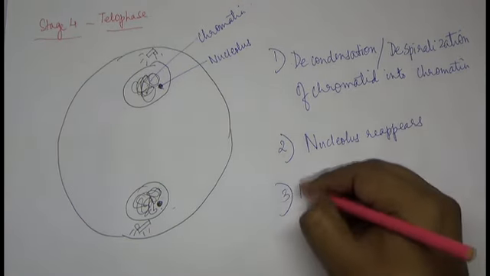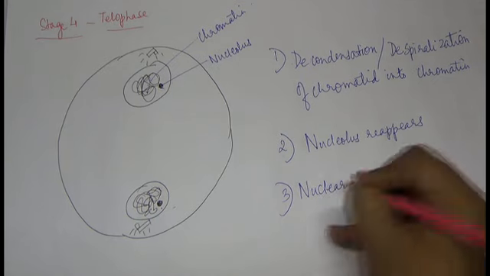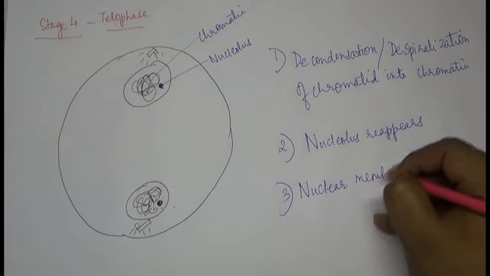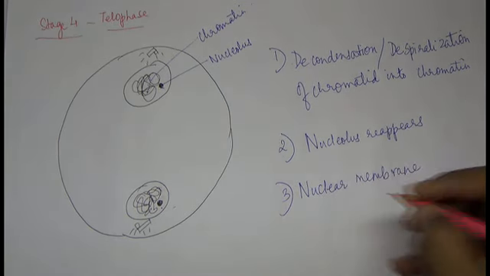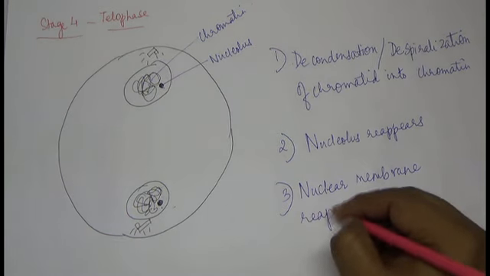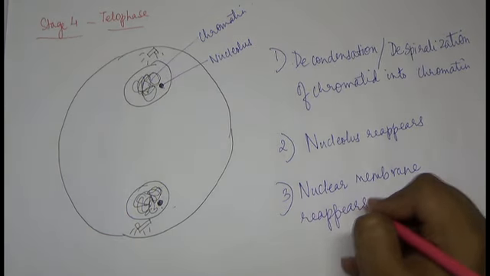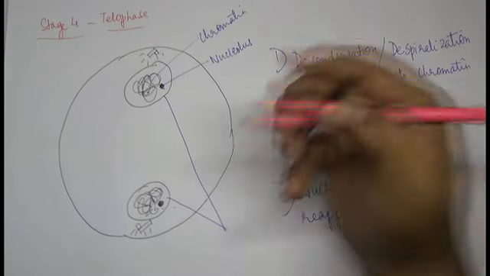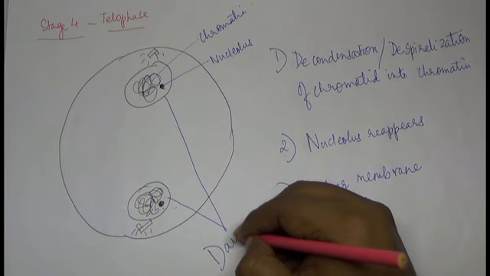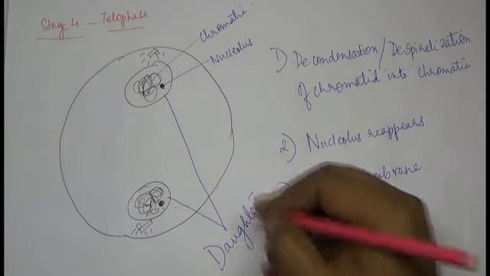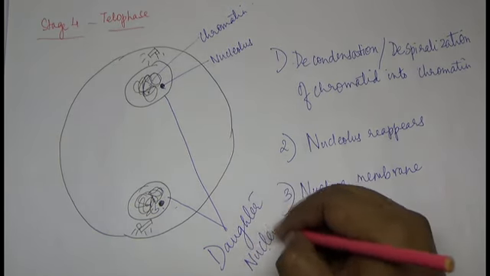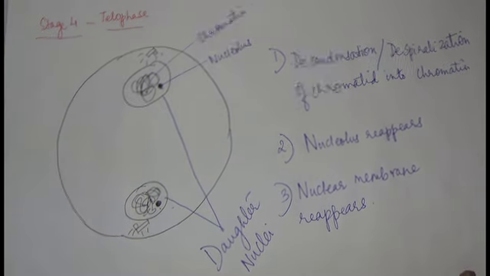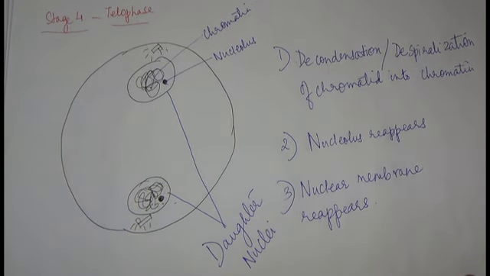Nucleolus reappears and nuclear membrane also reappears. Hence we can see these two daughter nuclei present. This is the overall happening of the telophase.